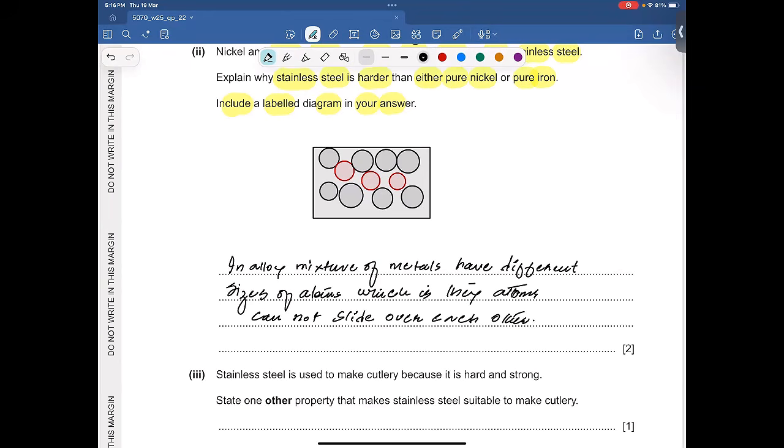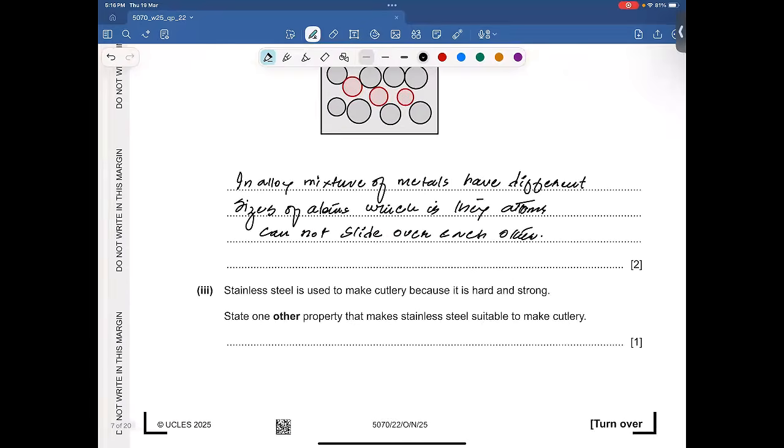And therefore, stainless steel is harder than pure nickel or pure iron.